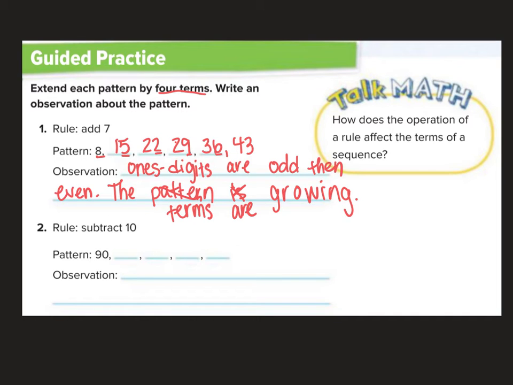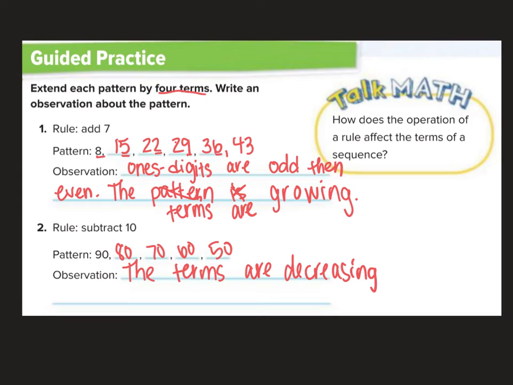All right, next one. Subtract tens. 90, 80, 70, 60, 50. Right? We're just counting tens backwards. Observation. The terms are decreasing because subtracting.